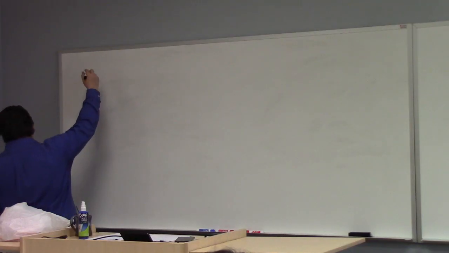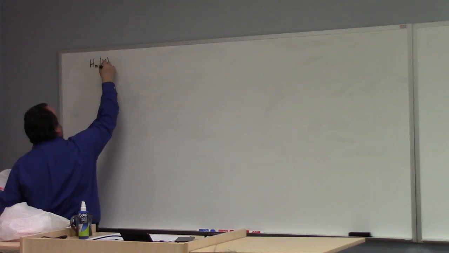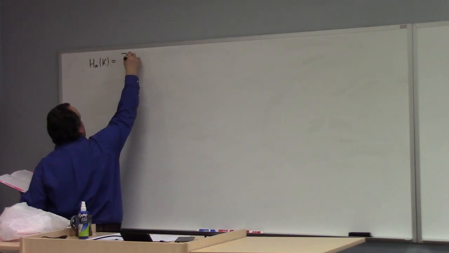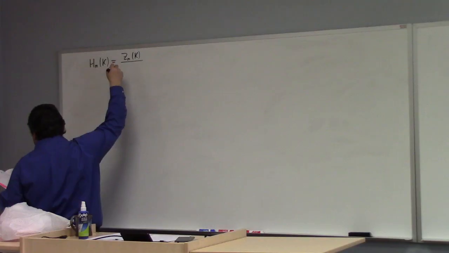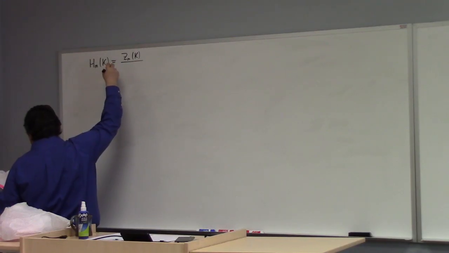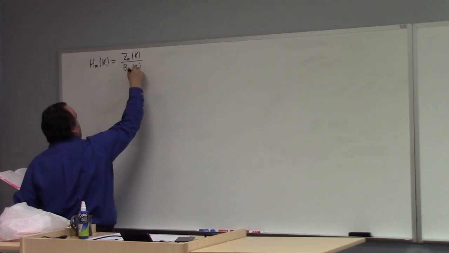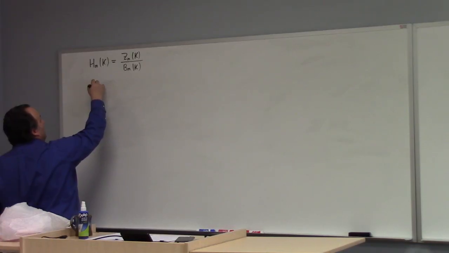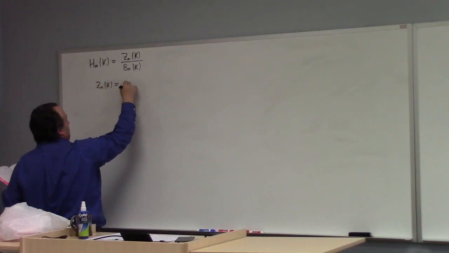So just a reminder that the mth homology group of the simplicial complex, we defined it to be the M cycles mod the boundary cycles. All right, and then the other big idea was Z_M(K), what was it?